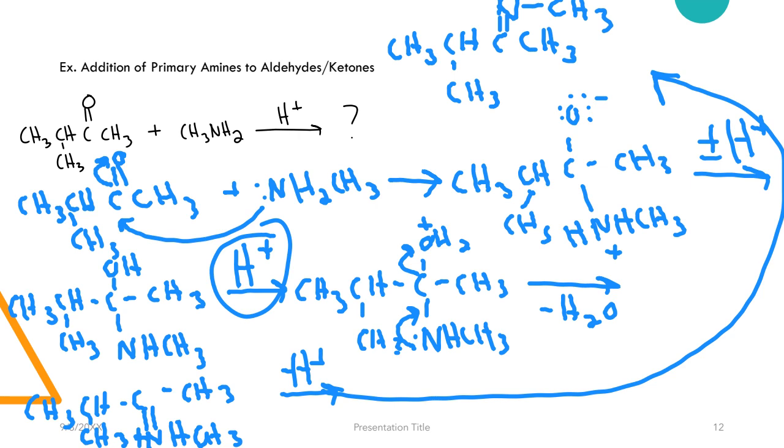Can you repeat that? Yes. Here on this carbon, I have an isopropyl group, and I have a methyl group on the other side. The methyl group is smaller than the isopropyl group. So the methyl group on the nitrogen is going to shift to this side, which makes it the least sterically hindered.